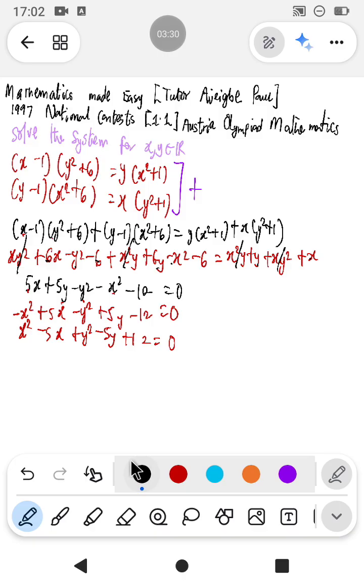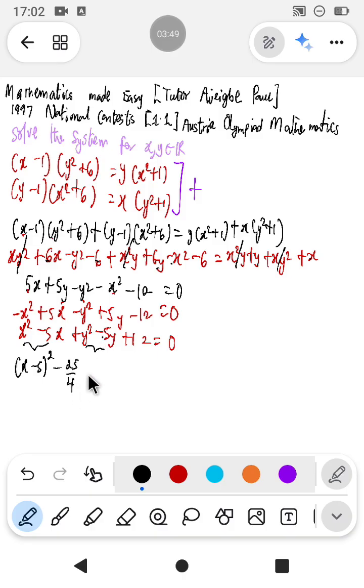The next thing we're going to do is to complete the square. We complete the square for the x terms and for the y terms. If you complete the square for x squared minus 5x, that's going to give us x minus 5 over 2, to the second power, then minus 25 over 4.